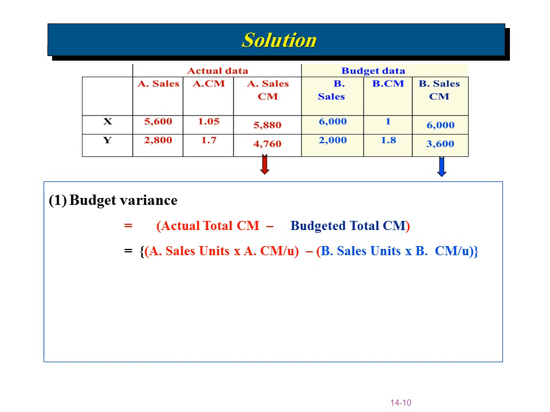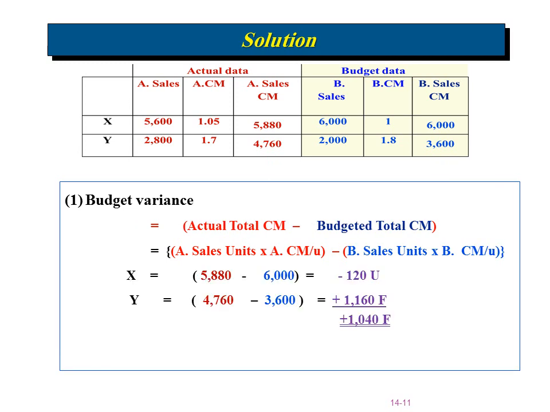For X, yes, 5,880 minus 6,000. Again, actual total contribution margin for X minus the total contribution margin budgeted for X also. This is my budget variance.